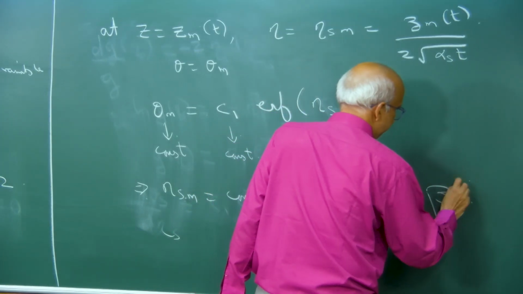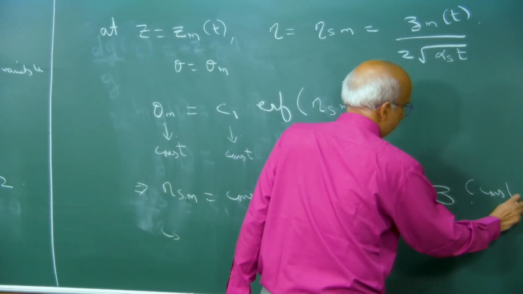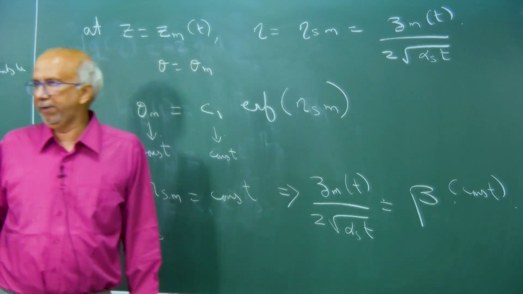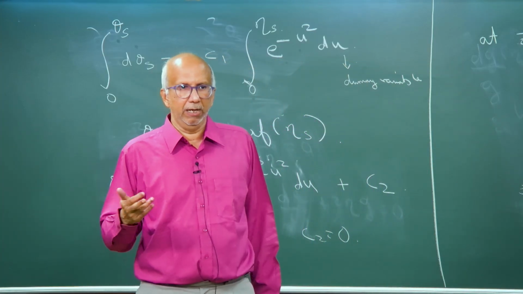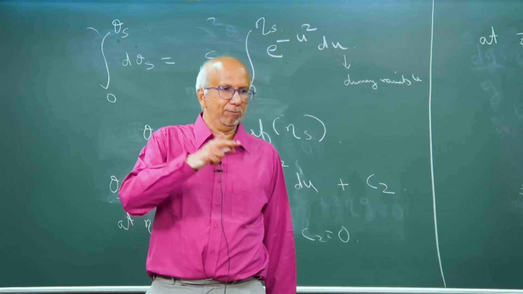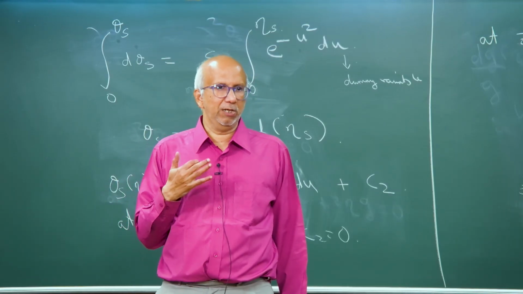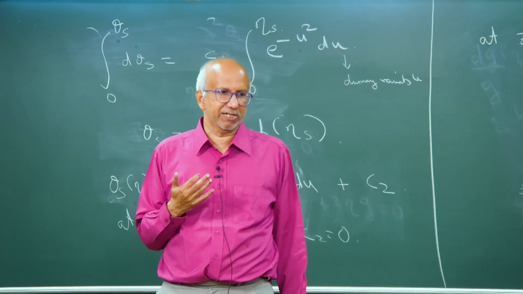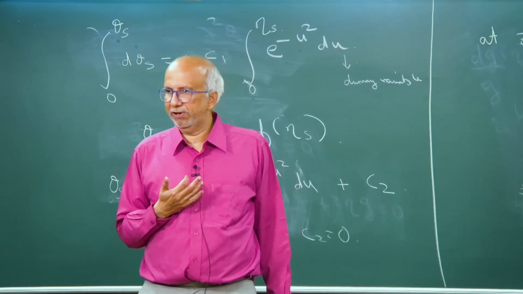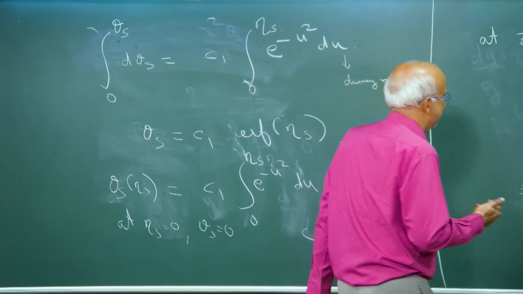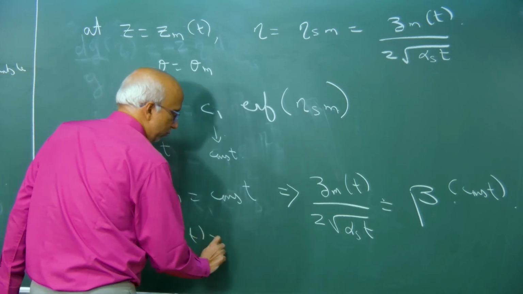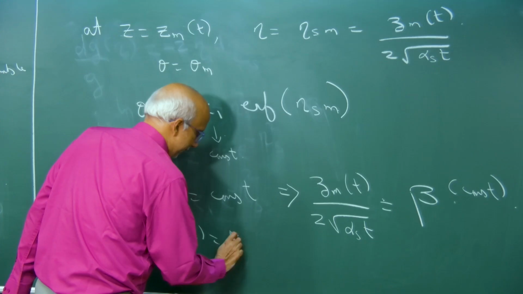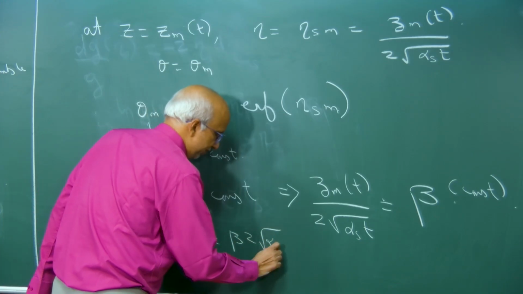So, the constant. I do not know what beta is. One of the things I want to do is find out beta, because only if I find out beta can I tell how Zm of t is changing with time, if I want to quantitatively understand. But what I can infer from this is Zm of t is equal to beta times 2 times square root of alpha S t.